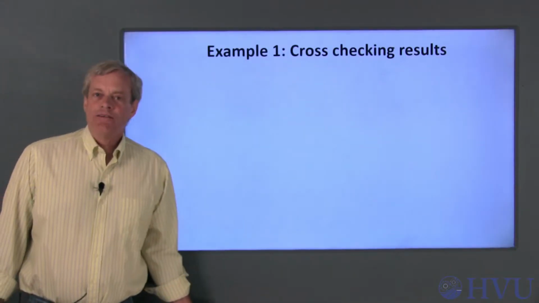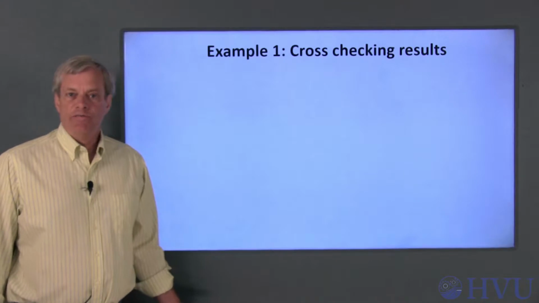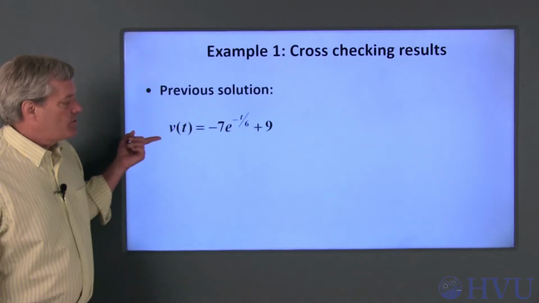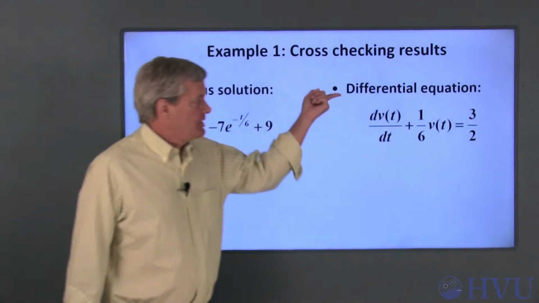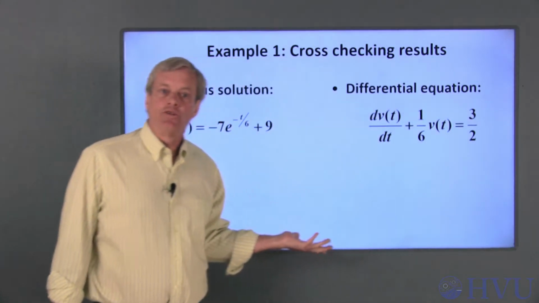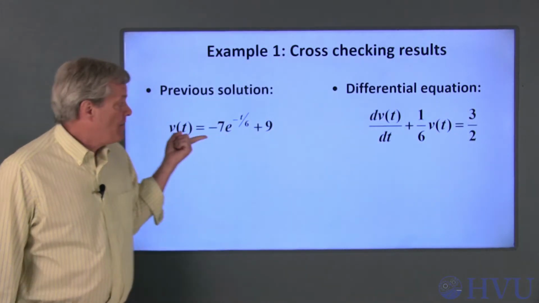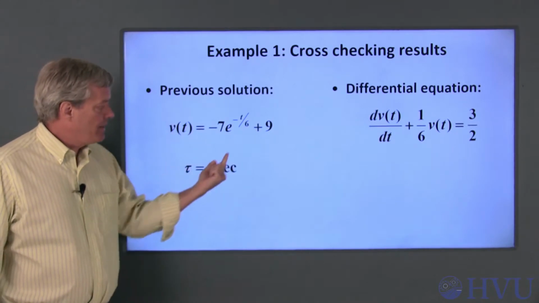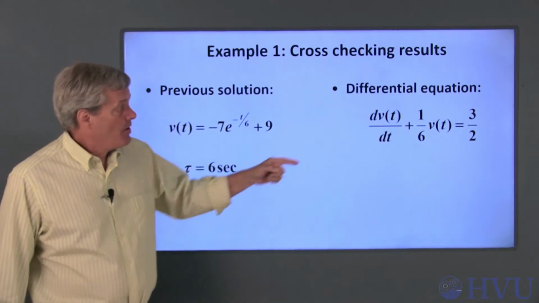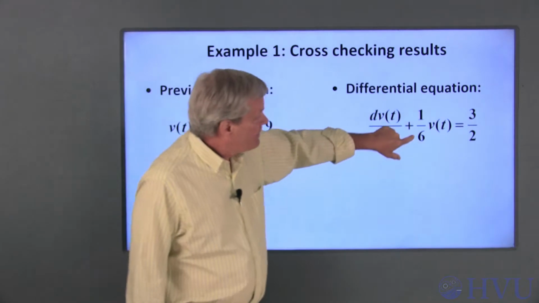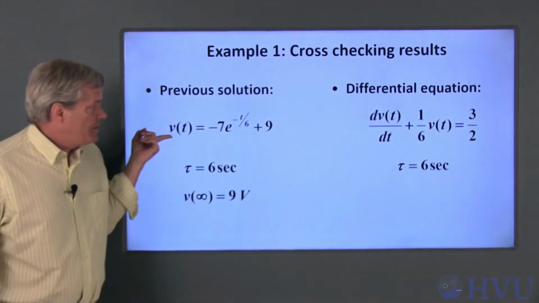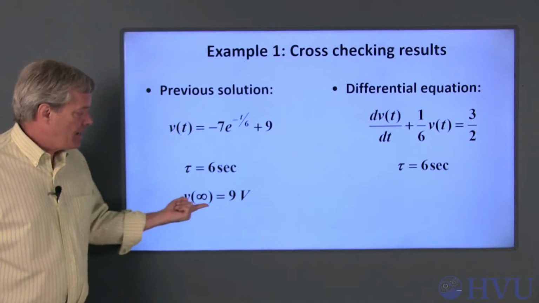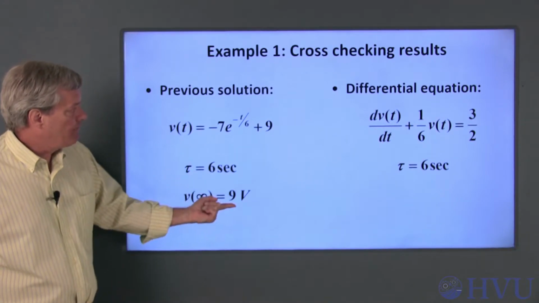Now let's use that differential equation to cross-check our previous results. This was the response we calculated from the previous video. This is the differential equation we just determined for that same circuit. From this response, the time constant is 6 seconds. From this differential equation, the time constant is also 6 seconds. From this solution, the response as time goes to infinity is 9 volts.